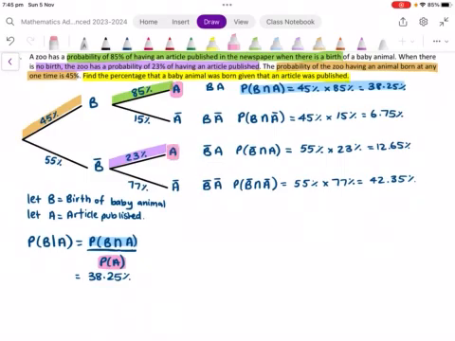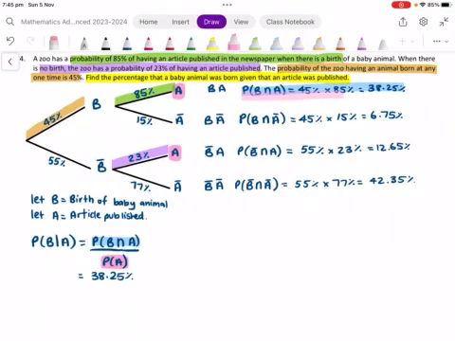So what we have to do is add these probabilities together to work out what the probability of A is. So we'll have the probability of A is equal to the probability of B and A plus the probability of not B and A.